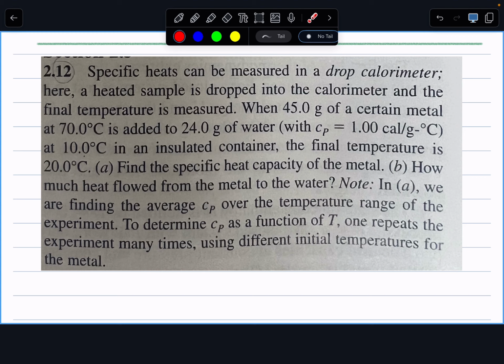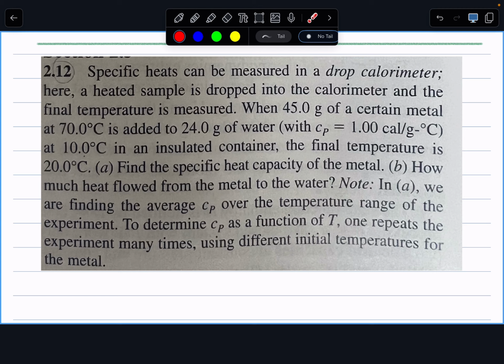As you can see, in this problem we're taking the measurement once at 70 degrees. Now imagine we change that 70 degrees to a higher or lower temperature and plot the specific heat of the metal as a function of the initial temperature of the metal, to get a relationship between the specific heat and the temperature.